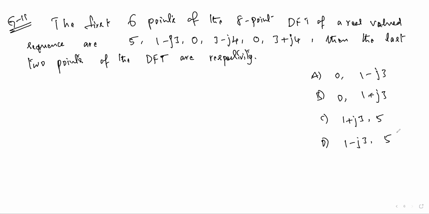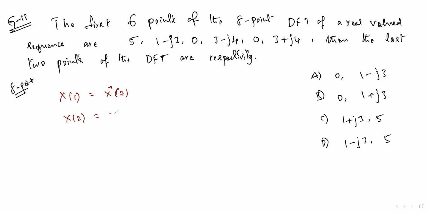Which one? So 6 points he has given. Last 2 points he asked. How can you proceed? For 8 point, I have given the relations. X of 1 is the complex conjugate of X of 7.